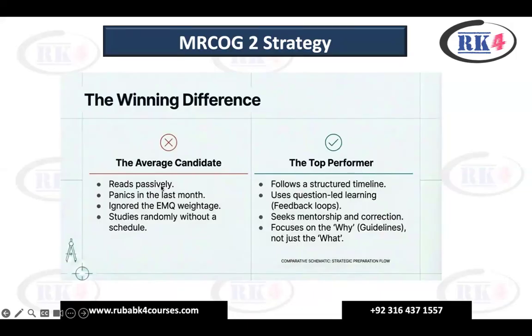Keep practicing. Do not panic in the last month. Be consistent, and do not forget EMQs carry more weightage, so you need to divide your time accordingly and schedule your study. Follow that strictly, religiously, and focus on the why, not just the what part, right?